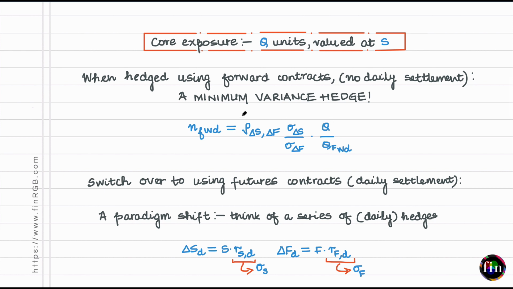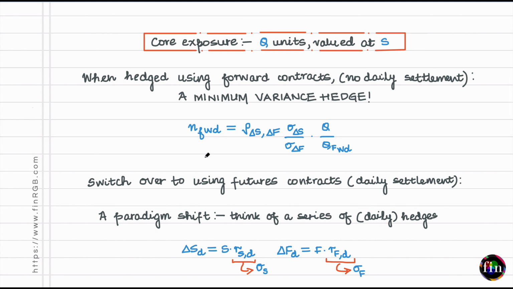Now let's start on a very simple note, and in this simple world, let's ignore the daily settlement feature. So in that sense, let's assume that there is actually no difference between futures and forwards. So in this very simple world, what I'm determining is the number of forward contracts required to minimize my total P&L variance.